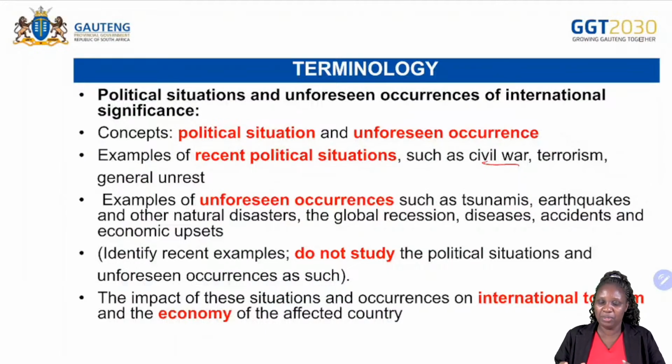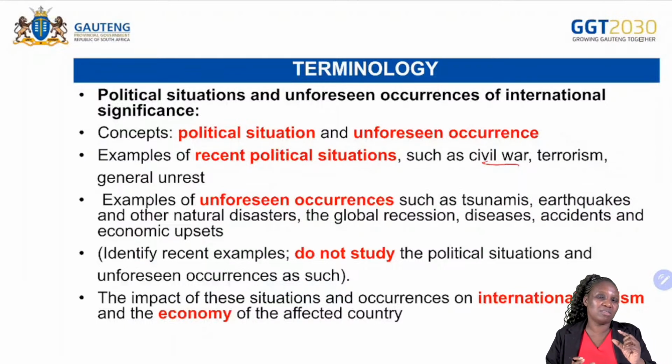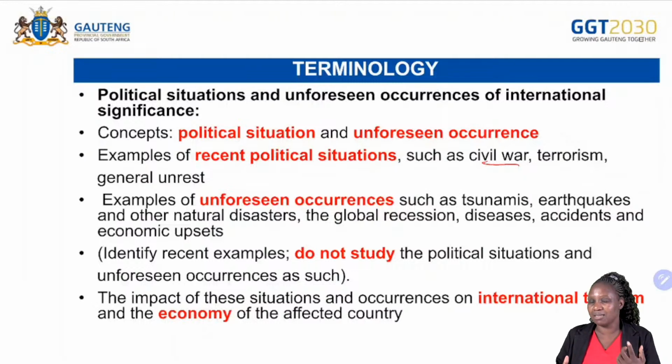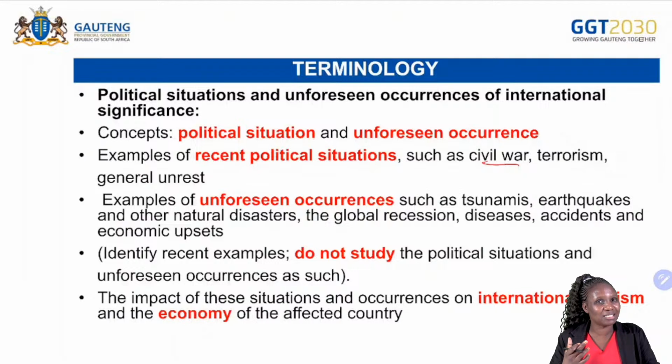Examples in Africa are Sudan, where there is civil war, and the Democratic Republic of Congo, where there has been an ongoing civil war. These are people of the same country fighting each other. It can be on tribal grounds. That is a civil war.